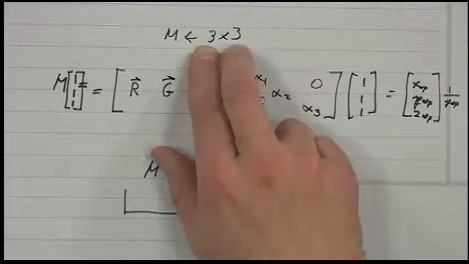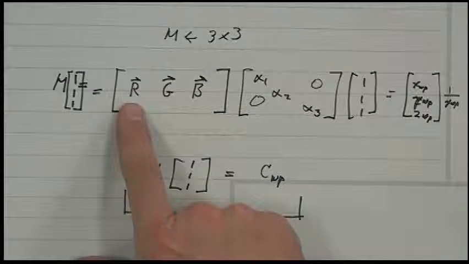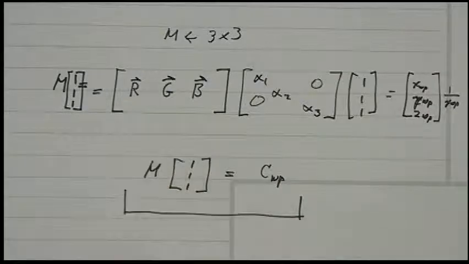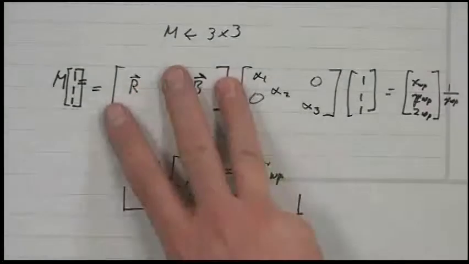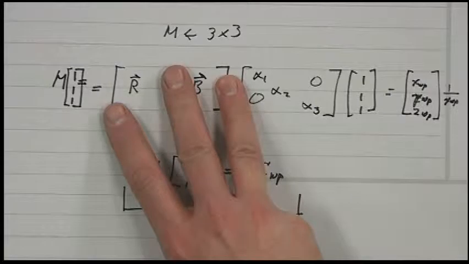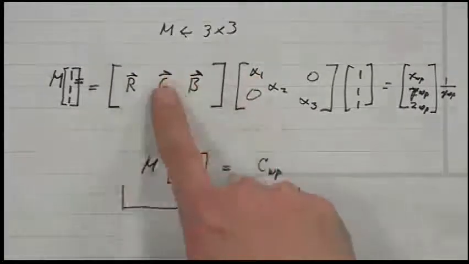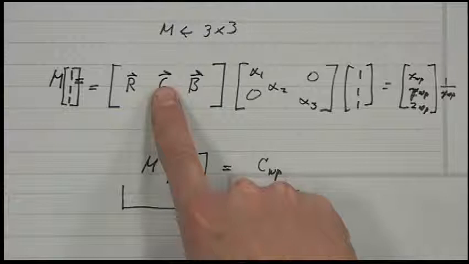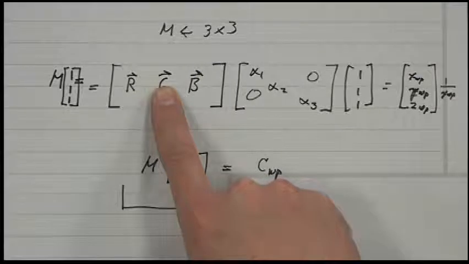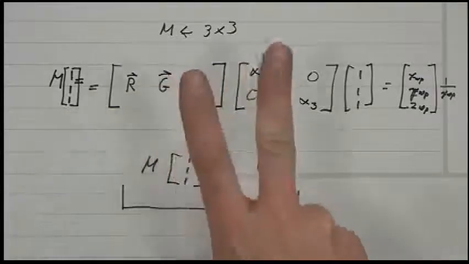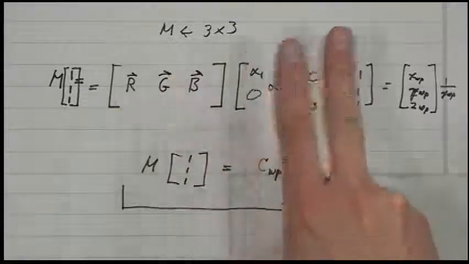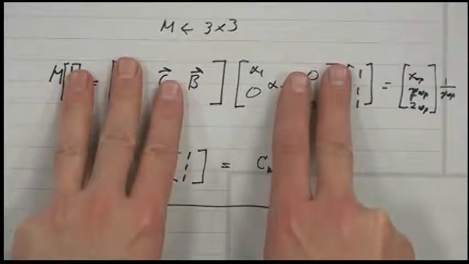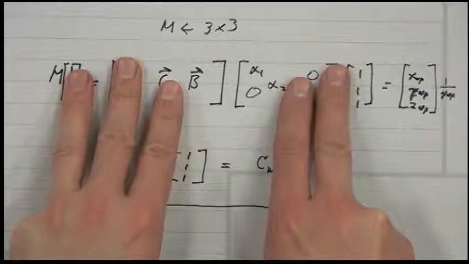Now, how many values are specified by the chromaticities of three primaries? There are 3 primaries, and chromaticity is specified by how many numbers? 2, okay? So there's 2 numbers times 3 primaries.